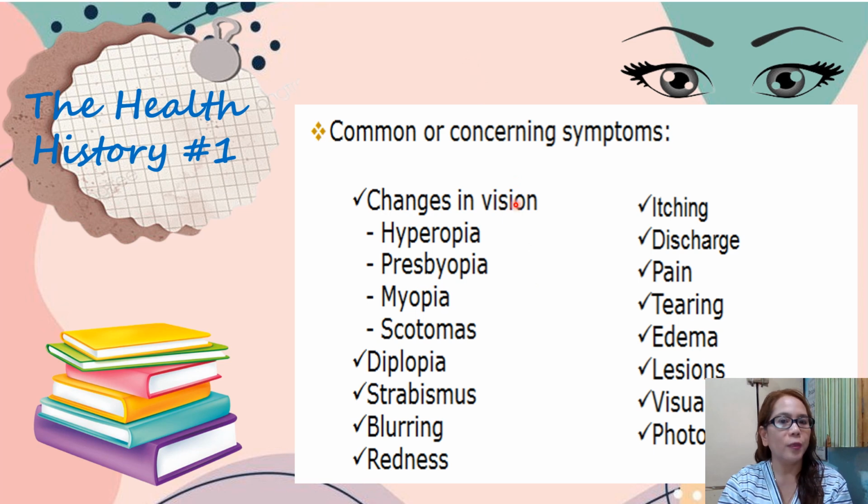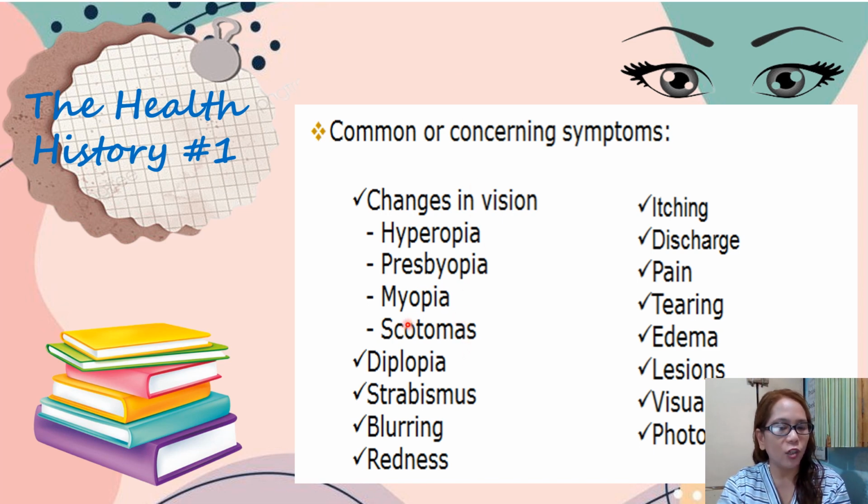Okay, unti-unting nawawala yung paningin mo sa mga near object. And then another one is myopia, or nearsightedness, which is a common condition in which you can see objects near to you clearly. Okay, it occurs when the shape of your eye causes light rays to bend or refract incorrectly.